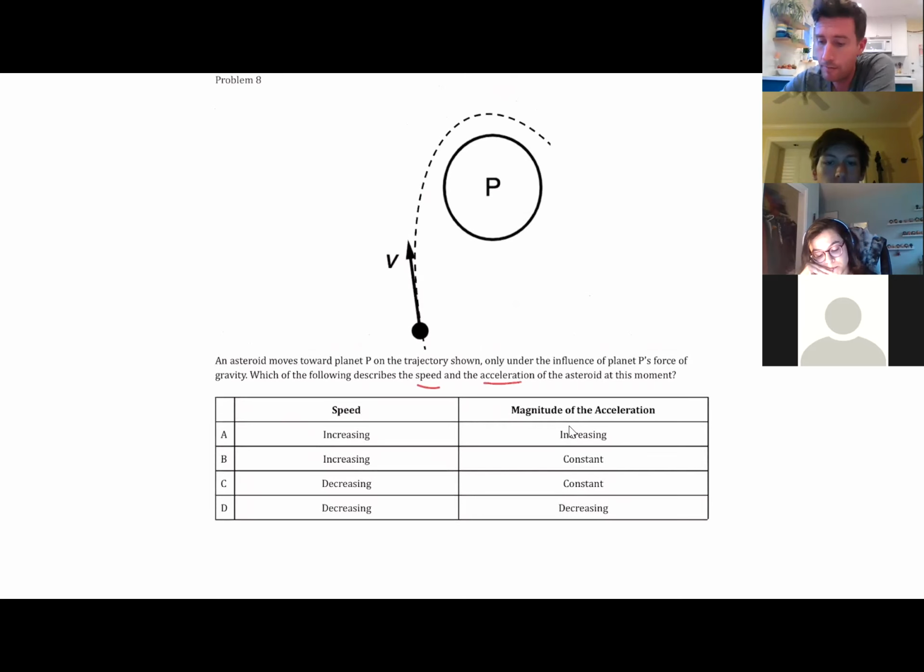Okay, so I could remember that the force of gravity is equal to big G mass 1 mass 2 over distance squared, or the radius squared, r squared. But I'm not sure if that's super helpful.